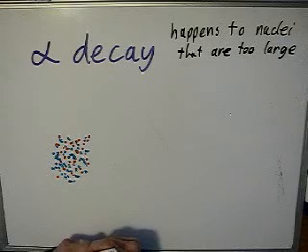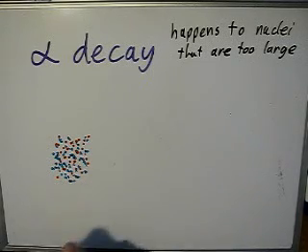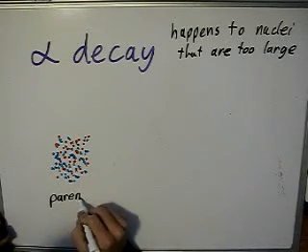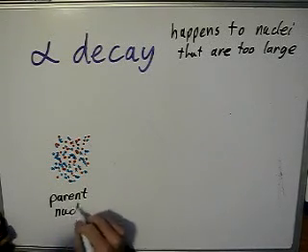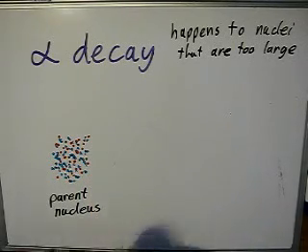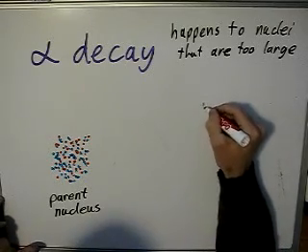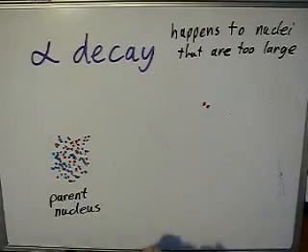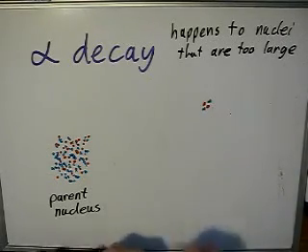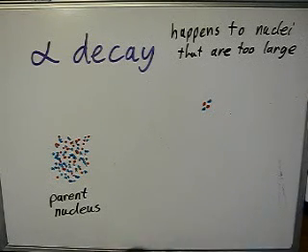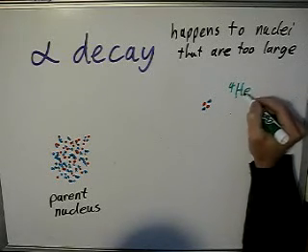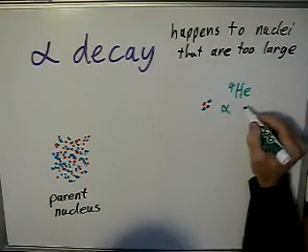So what can happen in alpha decay is you take this nucleus, which we call the parent nucleus, and a little bit of it breaks off and goes flying away. And that little bit has 2 neutrons and 2 protons. As we know before, this is called a helium-4 nucleus. It's also called an alpha particle.